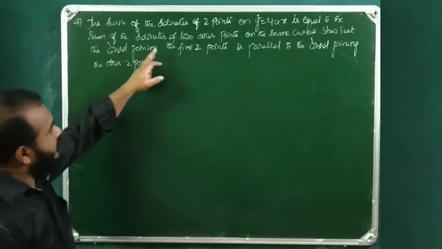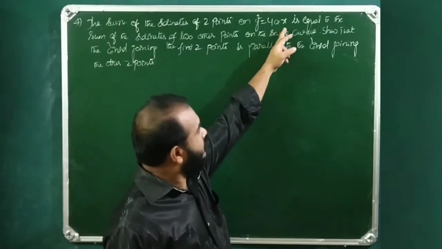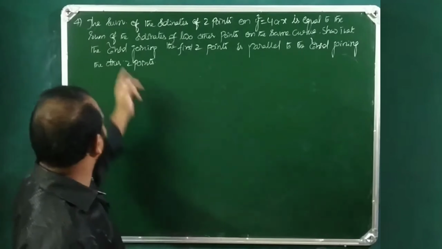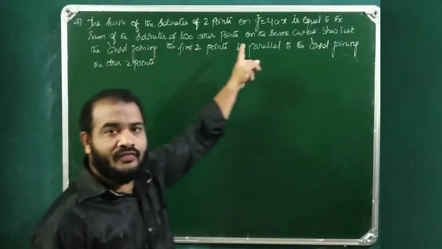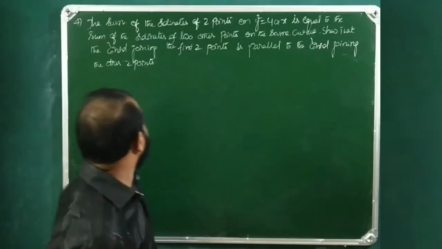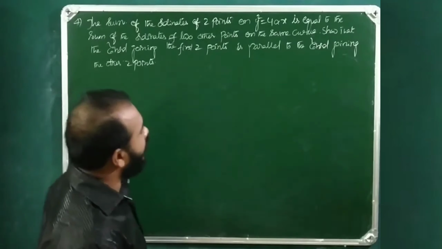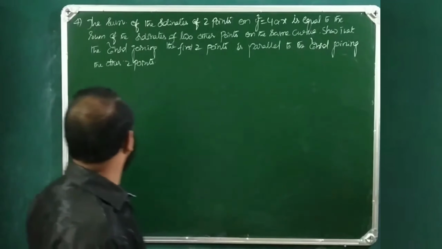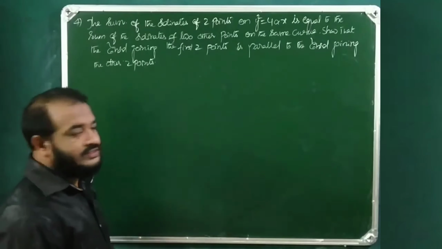The sum of the ordinates of 2 points on y square equals to 4x is equal to the sum of the ordinates of 2 other points on the same curve. Show that the chord joining the first 2 points is parallel to the chord joining the other points.